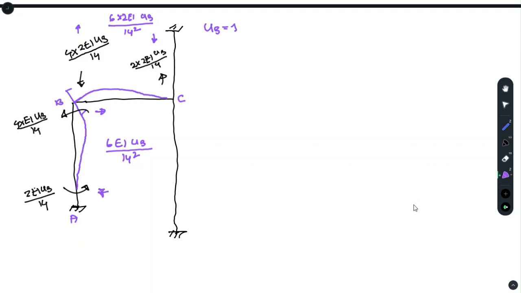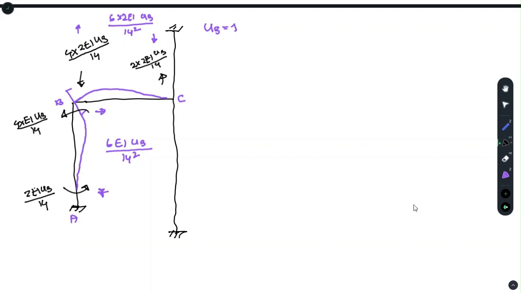Now we'll form the equilibrium equations. We need three equilibrium equations, since we have three unknown Dokis. At what points will we apply them? We'll apply our first equilibrium equation along the frame BC, since we applied our first Doki displacement along this frame.